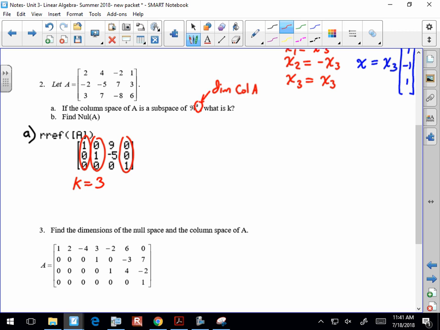Now the null space, well, we just kind of did that, so that's not going to be difficult because we're looking for x.